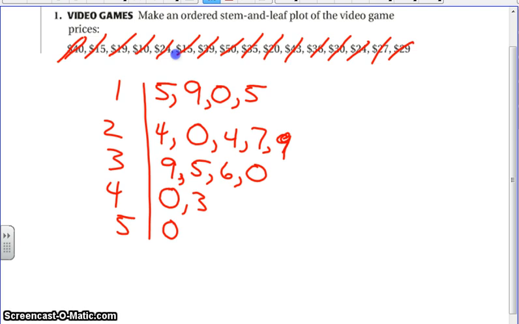Okay? You understand how we got that? This is called unordered. I mean, we do have the stems in the correct order, but what is not in correct order? The leaves. The leaves. So let's go make it an ordered stem and leaf.